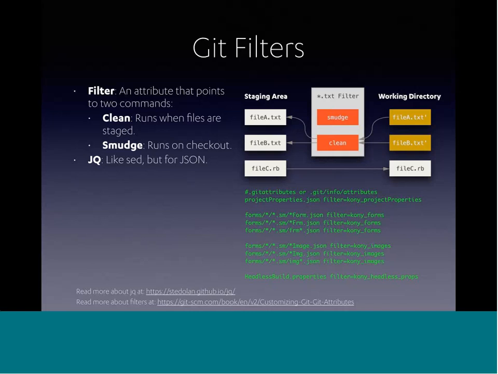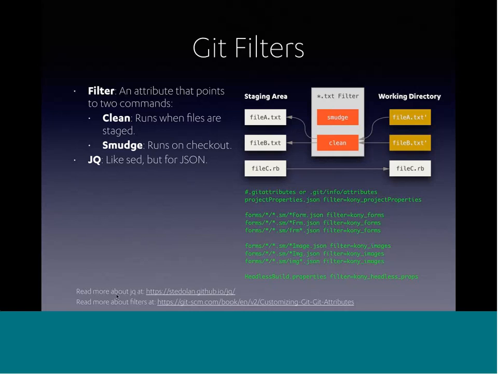And then we're also going to use something called JQ, which is a command line tool, like, if you're familiar with the Nix command line, the stream editing command sed allows you to edit text files, but it's very difficult to use it to manipulate JSON files, which are, well, basically every form, every widget in a Visualizer project is a JSON file. So instead of trying to use sed for that, we're going to be using JQ.